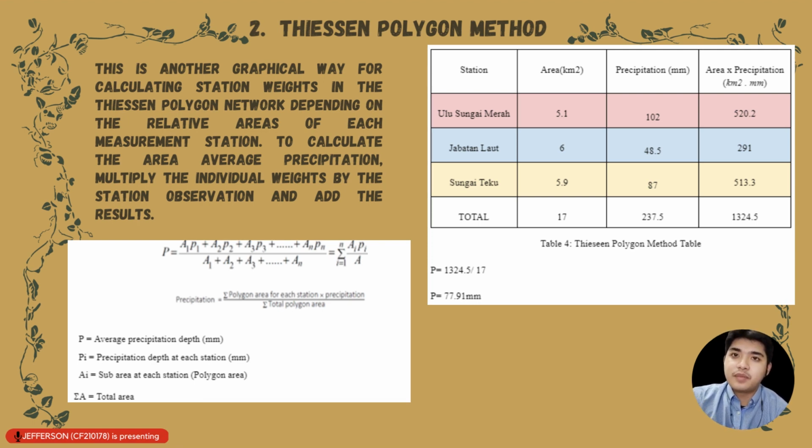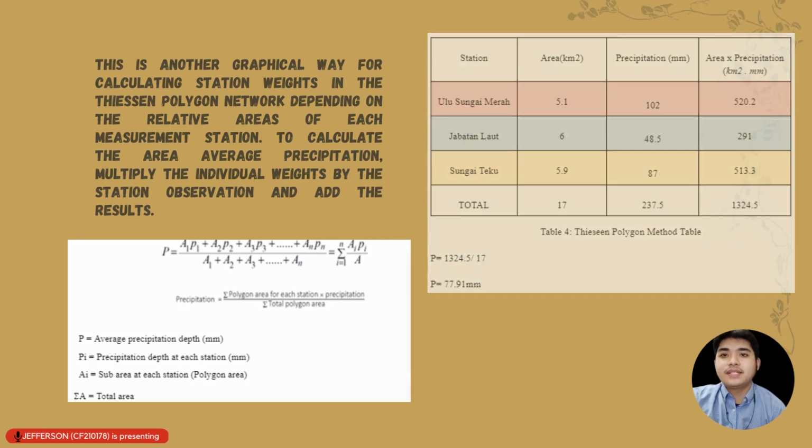This is the formula for the Thiessen polygon method: precipitation equals the sum of the polygon area for each station times the precipitation, over the sum of the total polygon area. The total precipitation is 77.91 mm.